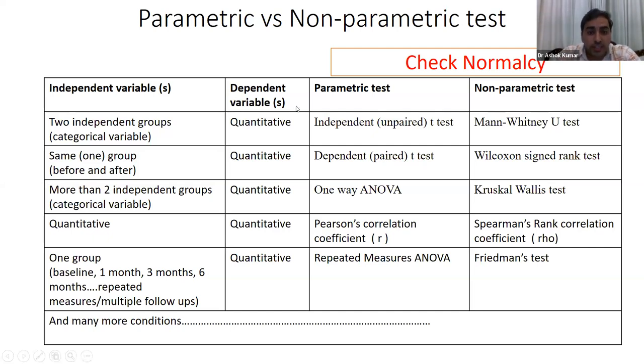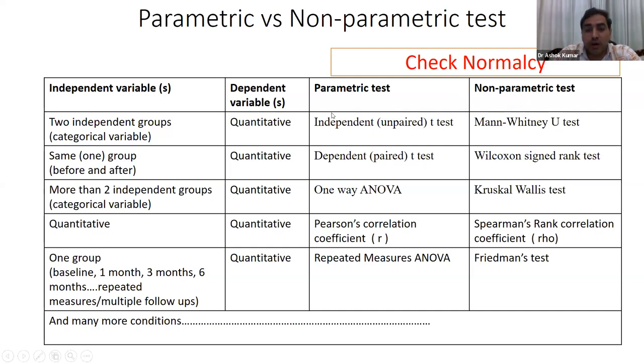So if this quantitative variable is normally distributed and we have to compare between two groups, you have to remember, two independent groups. For example, male and female are independent groups. So we use the independent or unpaired t-test to compare the mean score between two independent groups of that quantitative or dependent variable.